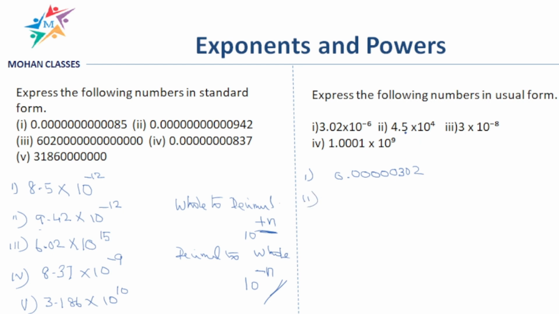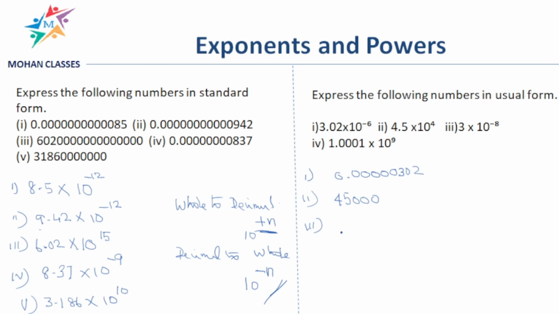Here 4.5 into 10 to the power of 4. So 4, 5, 1, 2, 3. Clear? 4.5 into 10 to the power of 4 means we have to, after 4 decimal, we should have 4 whole numbers.